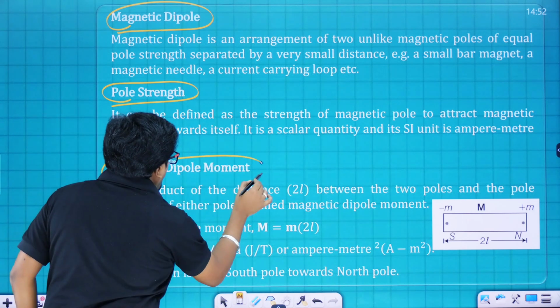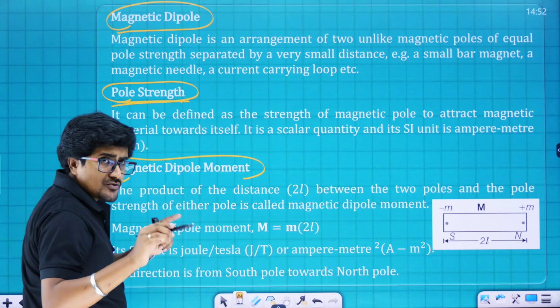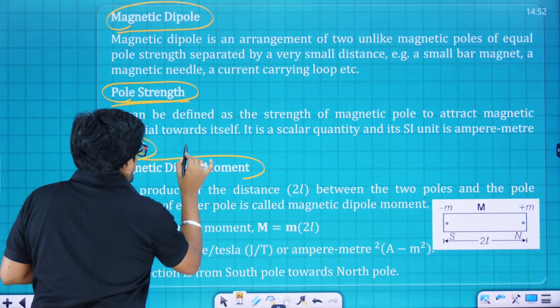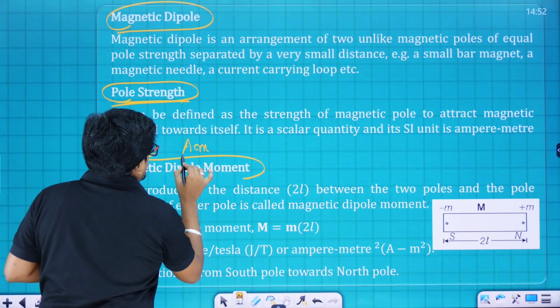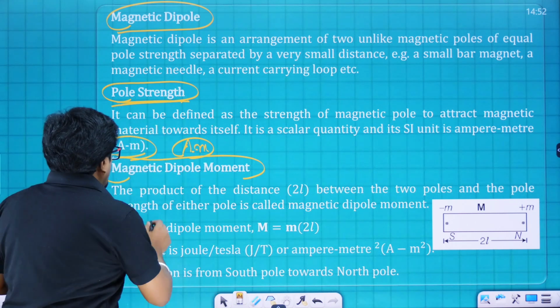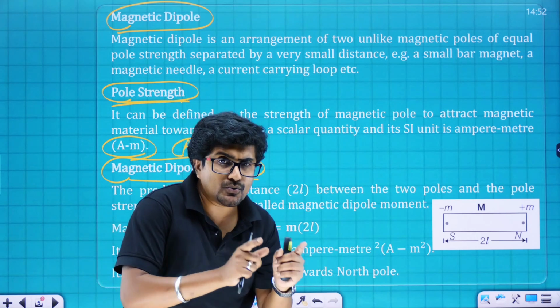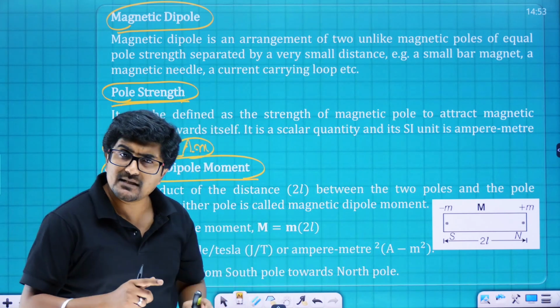Now magnetic dipole moment. One more thing, the unit of pole strength is ampere meter. You need to be very careful with that. Now what about the magnetic dipole moment? What was electric dipole moment? That was Q, charge multiplied by distance of separation.